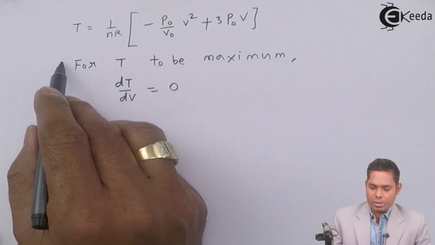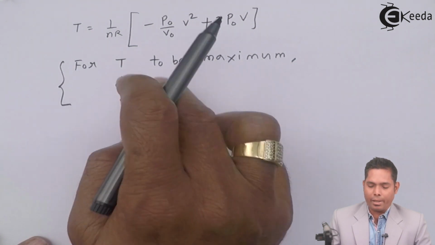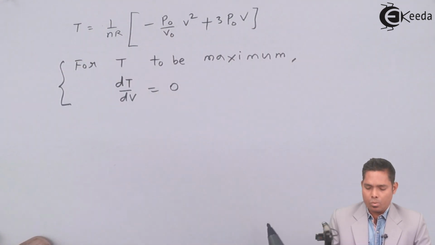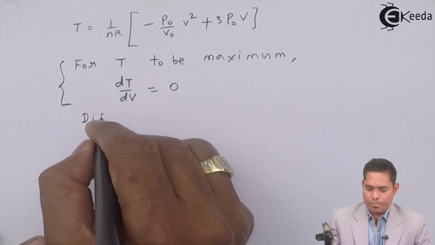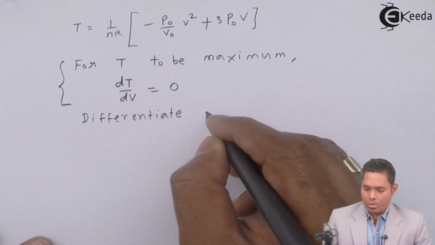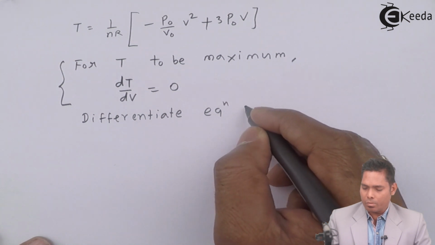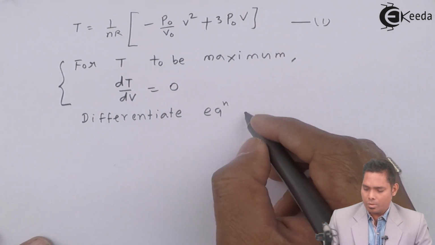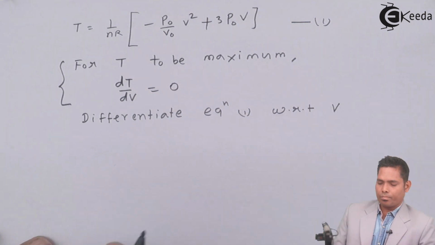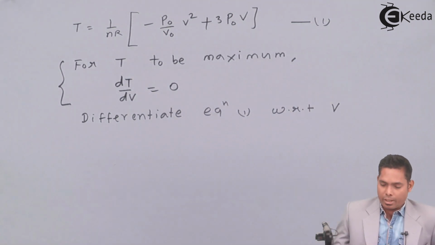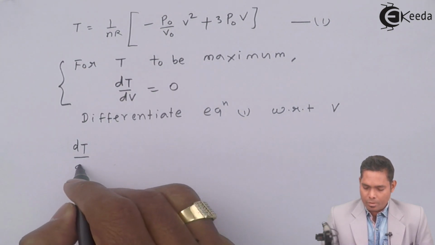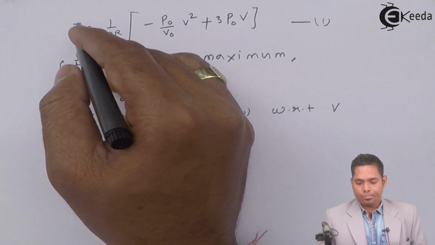So for this condition to apply, I have to differentiate this equation, say equation 1, with respect to volume. If I differentiate that with respect to volume, then this is dT over dV, the differentiation of this side.